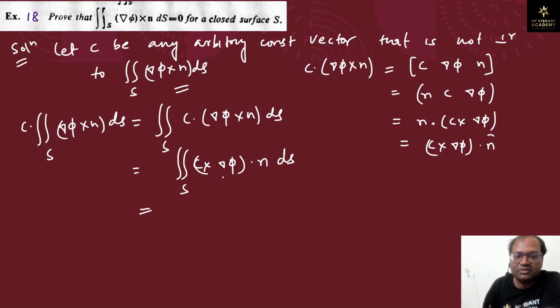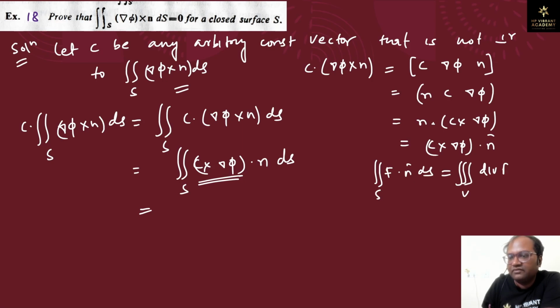So using Gauss divergence theorem, on comparing this with the surface integral of f dot n cap dS equal to the volume integral of divergence of f dV, let us take f as C cross del phi. So this is nothing but the volume integral of divergence of C cross del phi dV. Let us expand this.